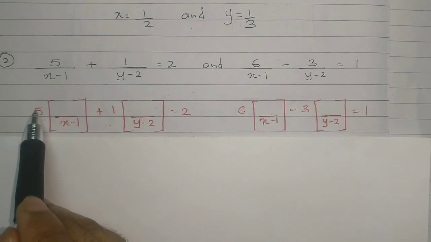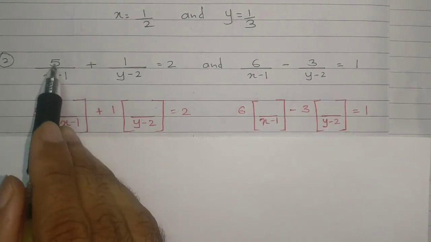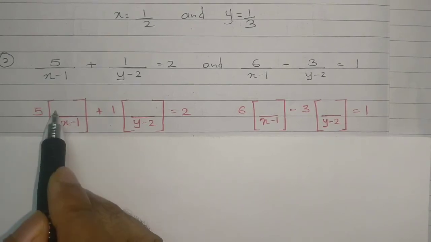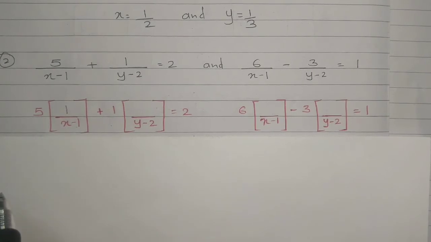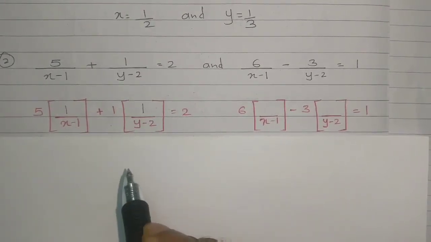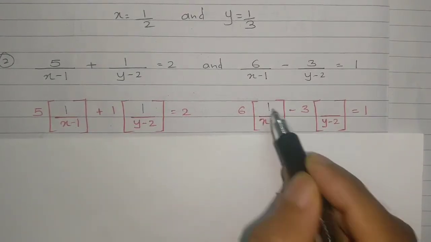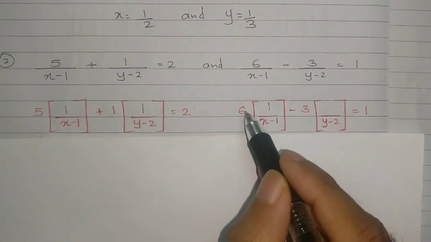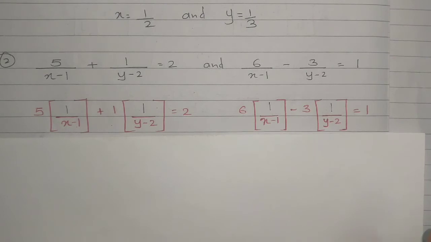So moving it away, I'll put a bracket, and what should I put over here so that this entire thing, when you multiply, comes back to the original form? I'll have to put 1. Similarly, I'll have to put 1 over here because 1 times 1 is 1. Here also I'll write 1. So 6 times 1 is 6 upon x minus 1, and this also will be 1.